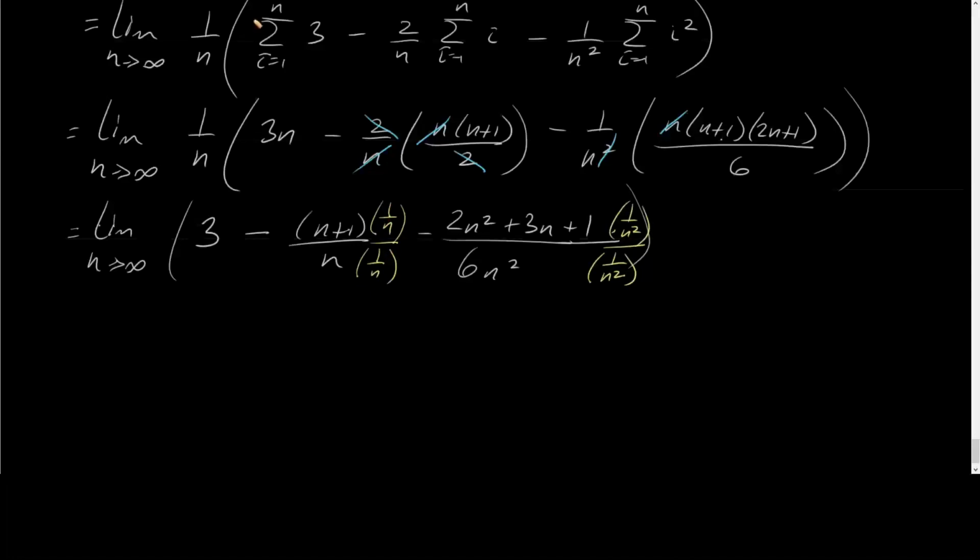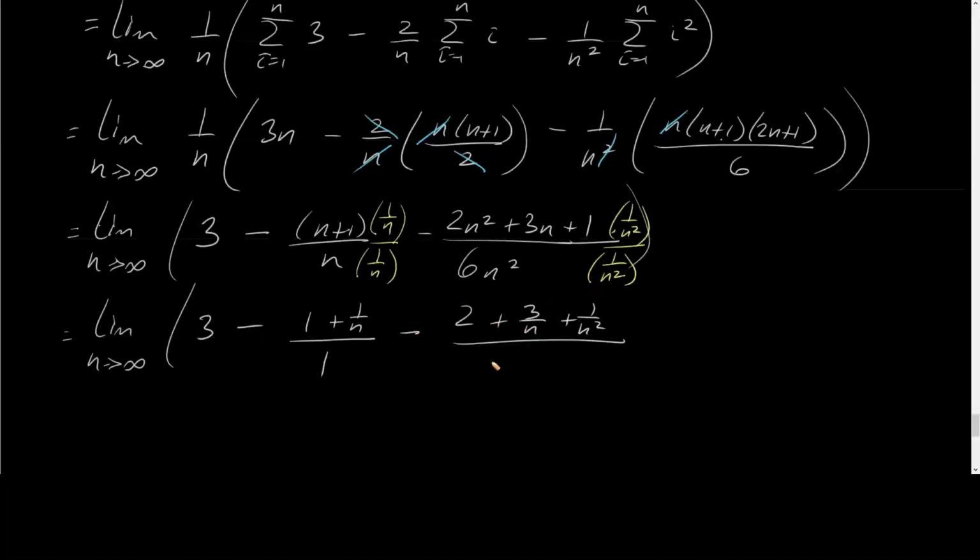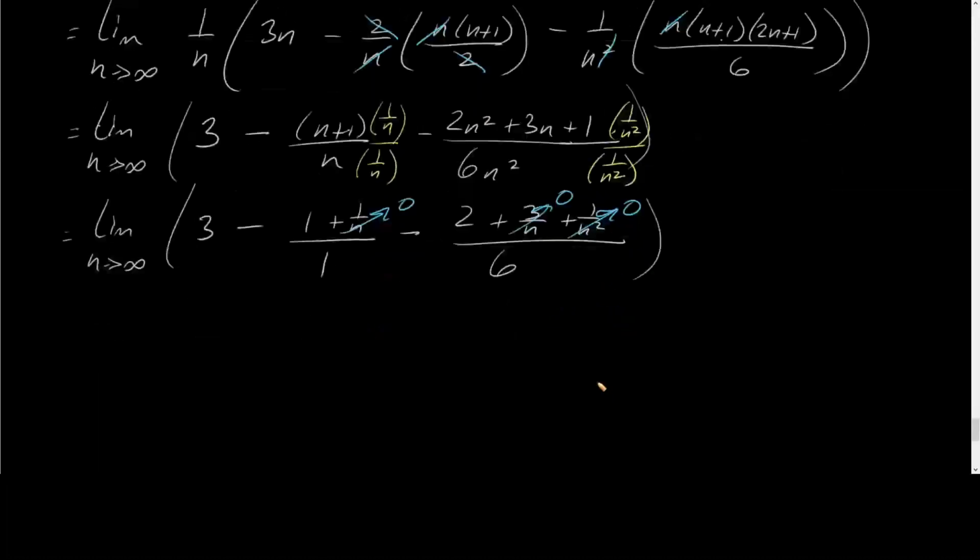The reason I'm doing that is so that we can rewrite this as the limit as n goes to infinity of 3 minus (1 + 1/n) over (1 − (2 + 3/n + 1/n²)/6). And as n goes to infinity, this piece goes to 0, this piece goes to 0, this piece goes to 0. So what we get now is, well, all the n's are gone, right? We already took the limit, so I end up with 3 − 1 − 2/6.